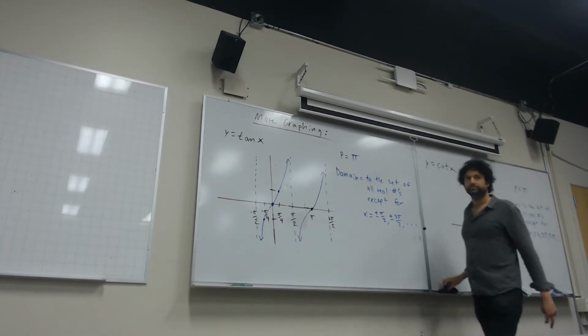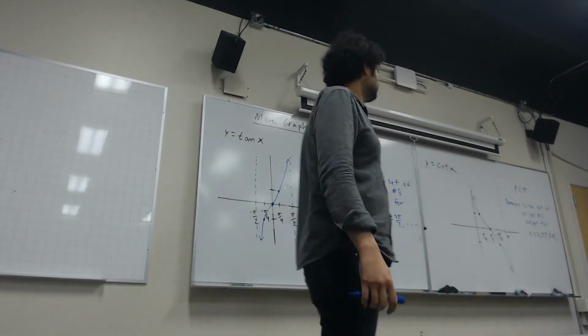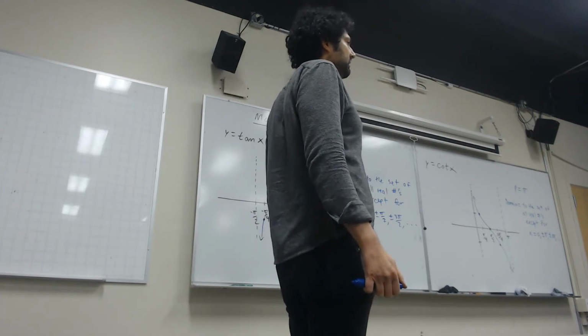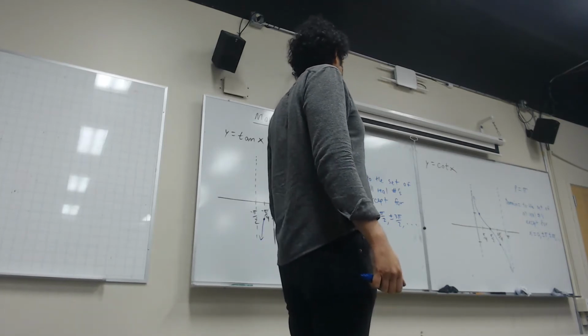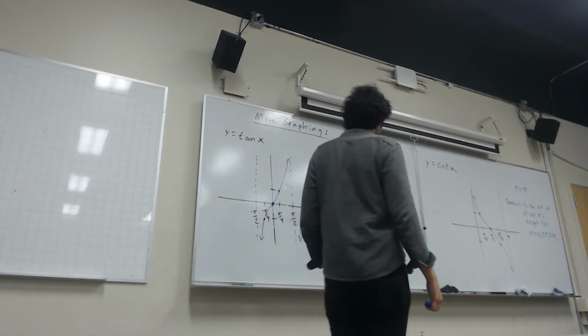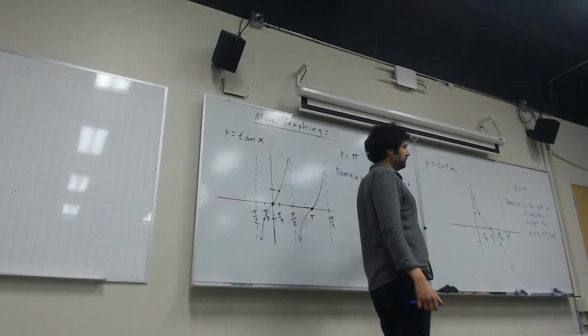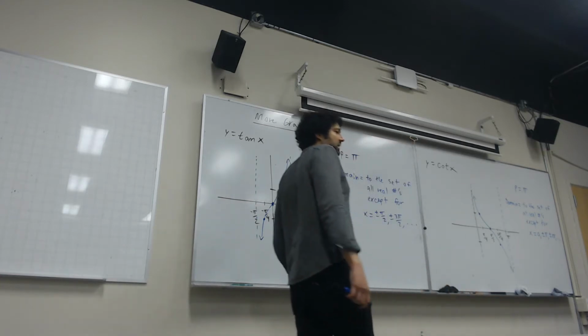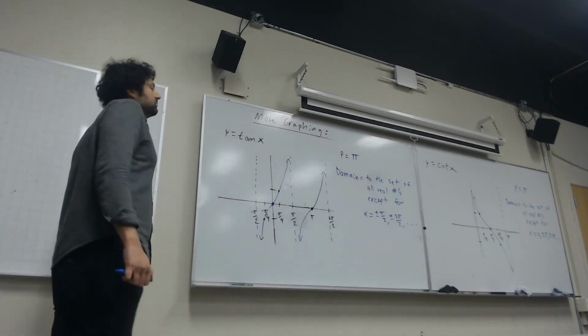Can I take even integers? No, because you miss pi and 3 pi and all that. Oh, this is odd integer multiples of pi over 2. Pi over 2. That's all integer multiples of pi.